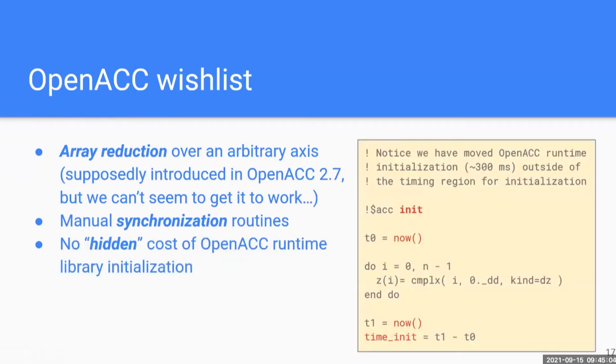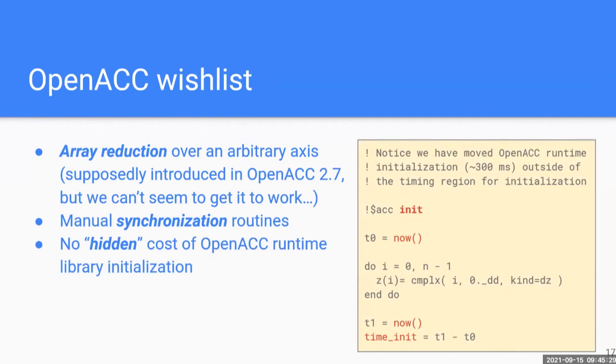The next one is something that we discovered. In earlier NVIDIA HPC SDK versions, the initialization of the OpenACC runtime library happens at program start. In the more recent versions, I forget if it is 21.5 or 21.7, the cost of OpenACC runtime library initialization gets moved into the first OpenACC call.